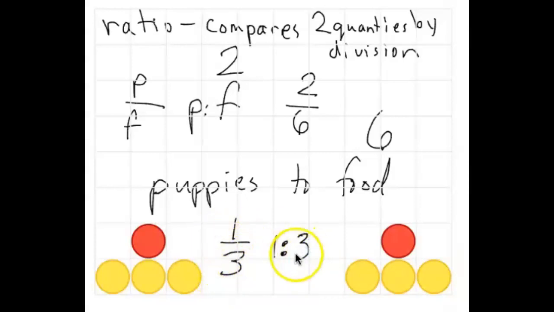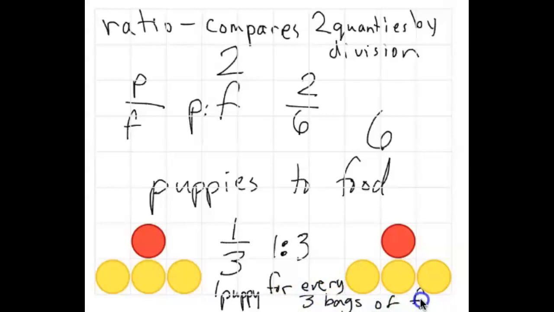So ratios can be written either way, and you can see how this can easily be confused with fractions, but we can also write ratios this way as well. So there is 1 puppy for every 3 bags of food. And you could also write it out as more of a sentence, and you could say 1 puppy for every 3 bags of food.